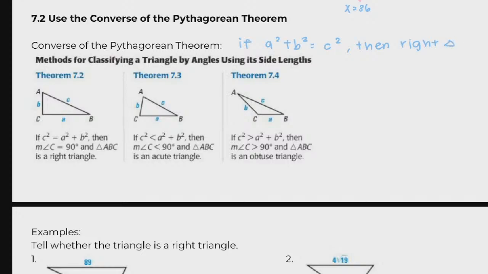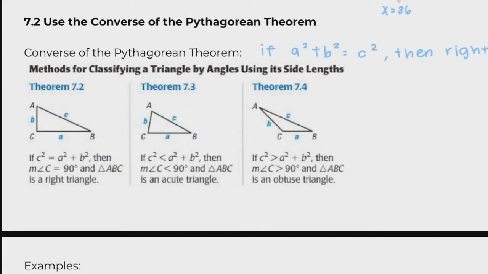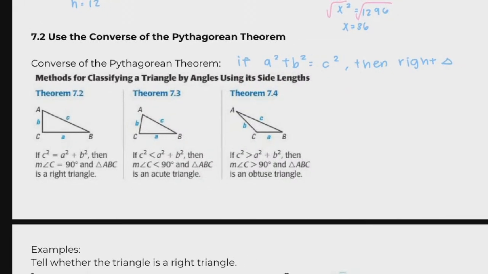And here I've included a table of different types of triangles. If it equals, it's going to be a right triangle. If the hypotenuse squared is less than a squared plus b squared, then that means angle C is an acute angle, so this will be an acute triangle. And if it's greater than, it'll be an obtuse triangle.